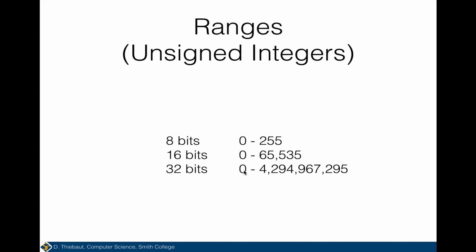And so if you start at 0 and you have 32 bits, the largest number you can write, which has all ones, 32 ones, would be 4,294,967,295. 16 bits, you can go from 0 to 65,000. 8 bits, we've seen from before, is from 0 to 255.